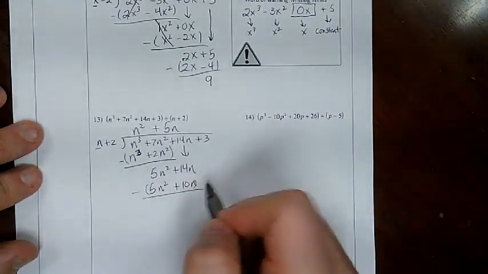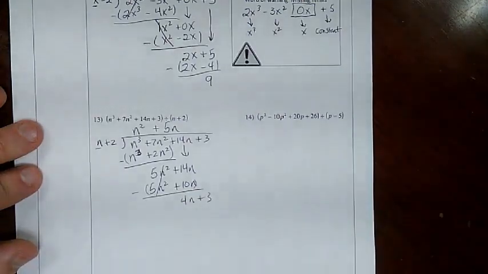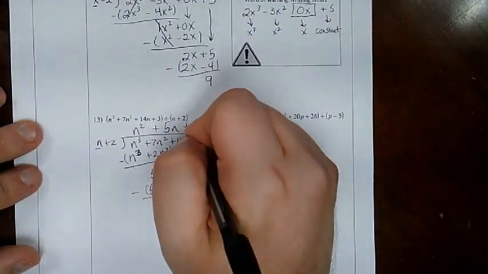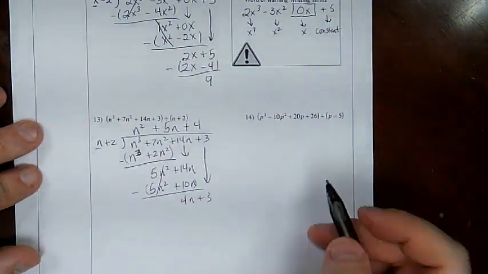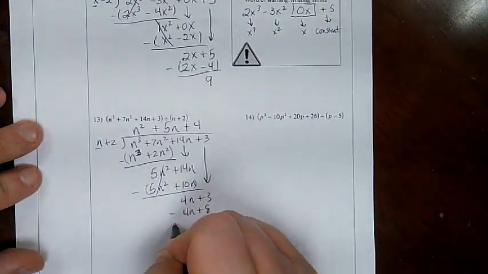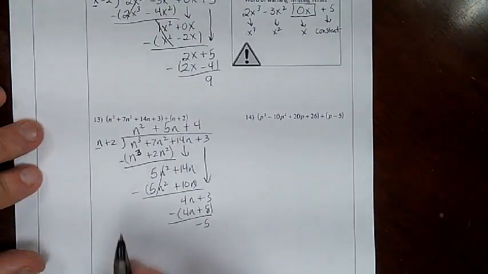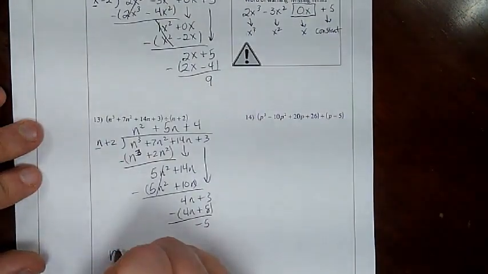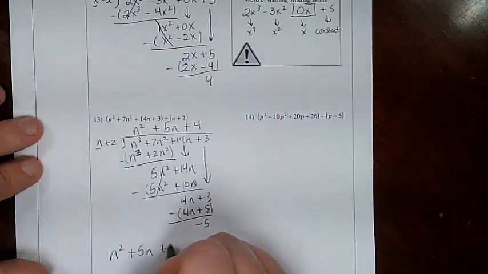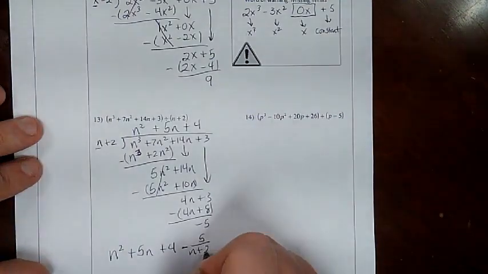This leaves me with 4n plus 3, because I bring down my 3. What times n gives me 4n? That's 4. 4 times n plus 2 is 4n plus 8. Do my subtraction, and I am left with a remainder of negative 5. So this is n squared plus 5n plus 4 minus 5 over n plus 2.